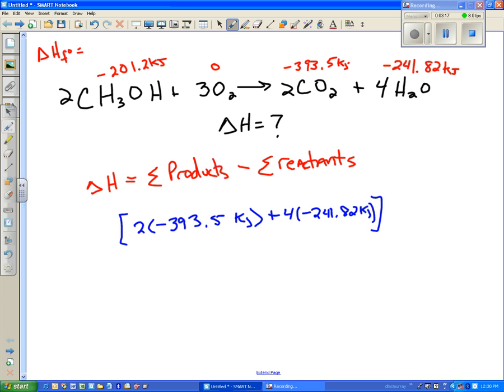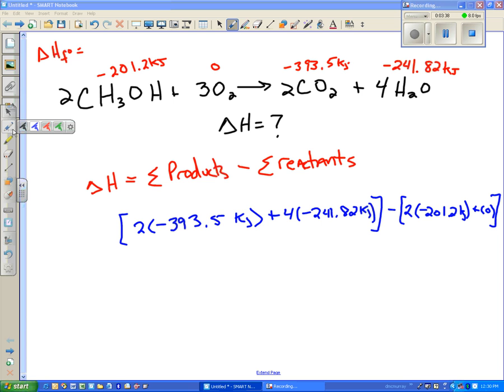And then, well, it's products minus reactants. Put in the methanol, which is 2 times negative 201.2 kilojoules. And then plus that for oxygen, which is 0.